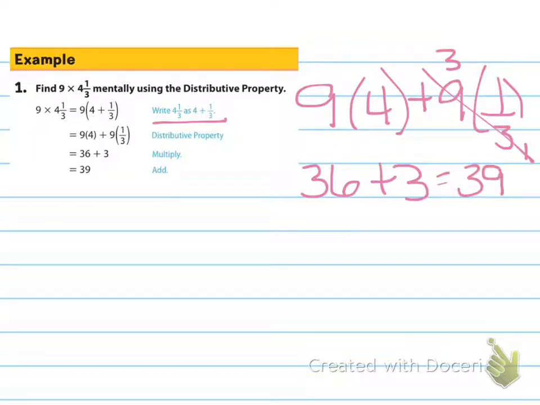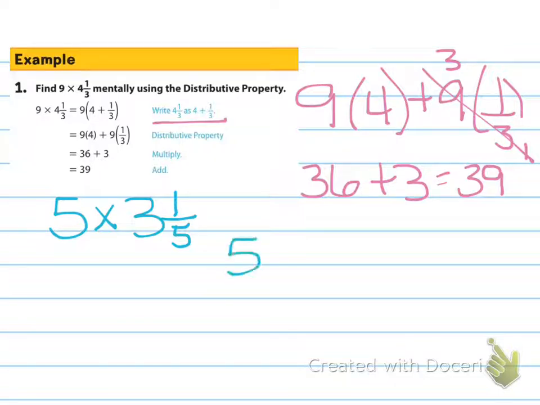So let me show another example like that, because I think this is a really good way of looking at distributive property. So let's say that we're doing 5 times 3.5. Well, that's not a very good example. Hold on. 3 1/5, we'll say. Because this is mental math, we want to be able to do it fast, and that was going to make a fast one. All right, so 5 times 3 1/5.